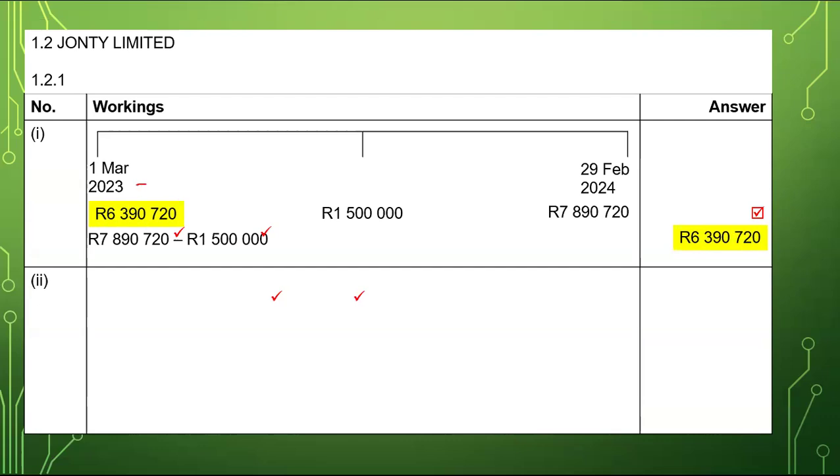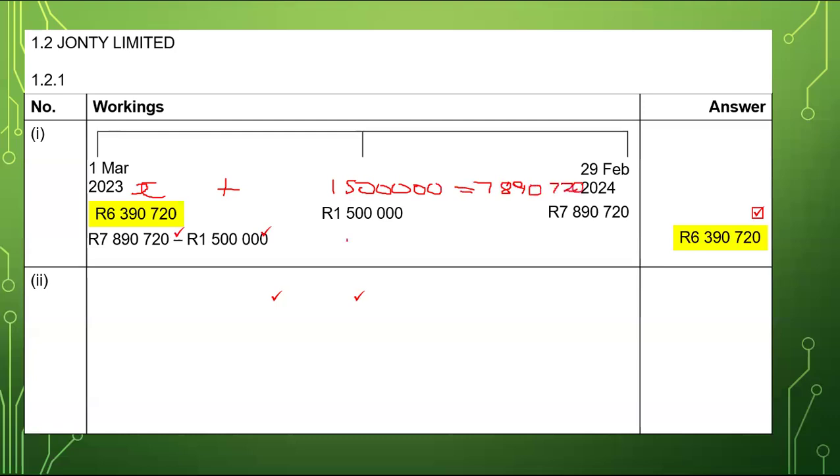So as I've done there, this will be X. When you add it with 1.5 million, it should give you 7,890,720.